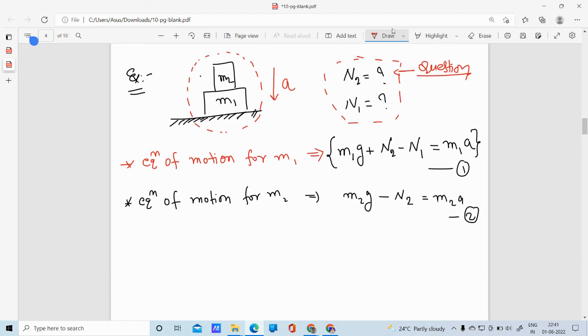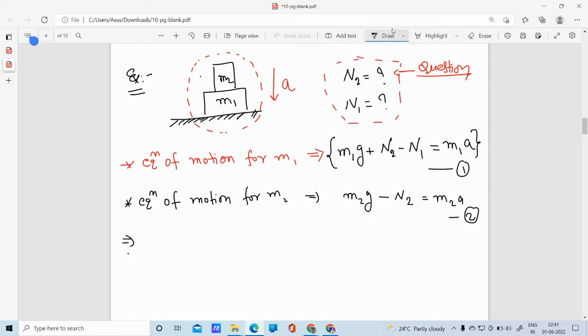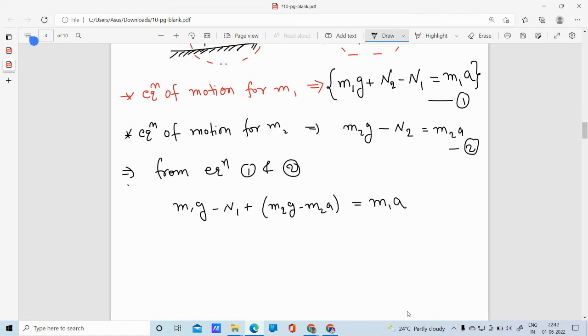So to find the value of N1 and N2, using the equations of motion, from equation 1 and 2, what is N2? M1g minus N1 plus M2g minus M2a is equivalent to M1a. Clear? So from equation 2, the value of N2 is put in equation 1.